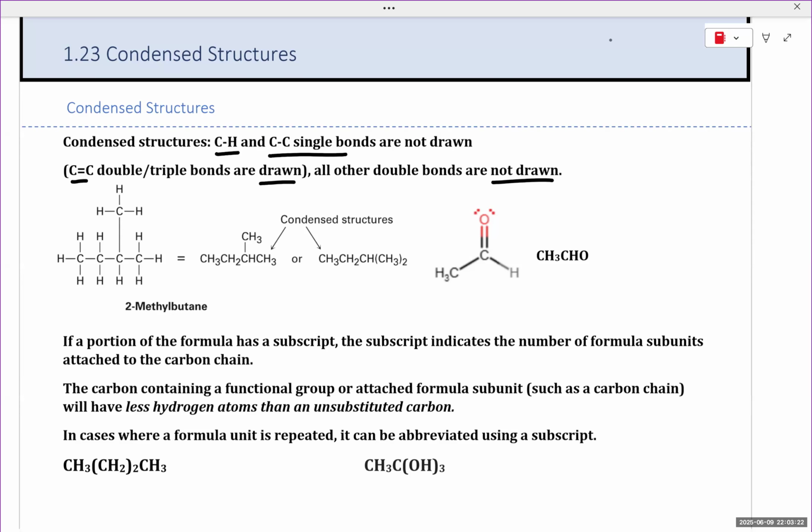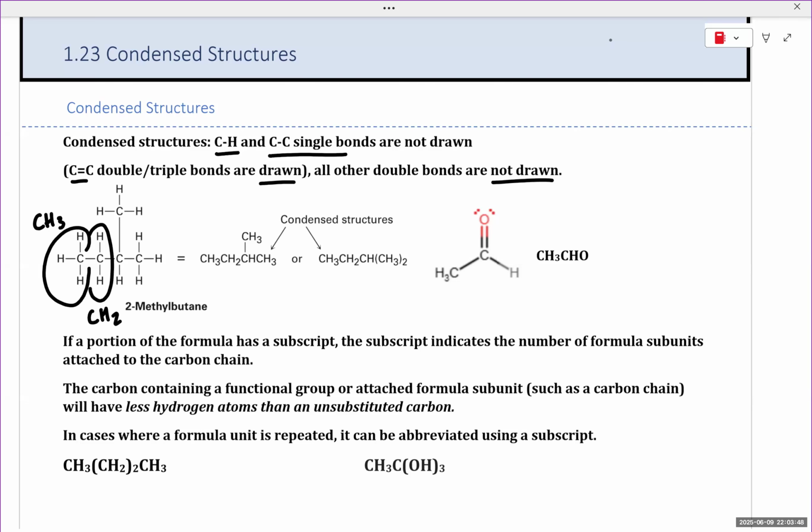So for example, looking at the condensed structure for 2-methylbutane, rather than drawing out all the carbon, hydrogen, and carbon-carbon bonds, we instead abbreviate each group. For example, this collection of carbon and 3 hydrogens would be abbreviated as CH3. This collection of carbon and 2 hydrogens would be abbreviated as CH2.